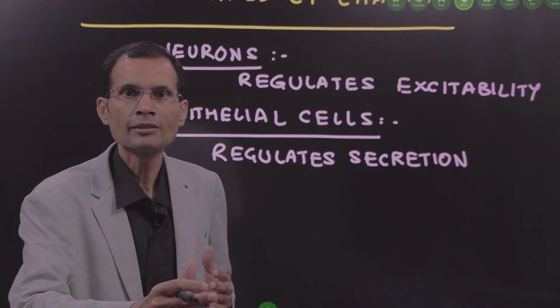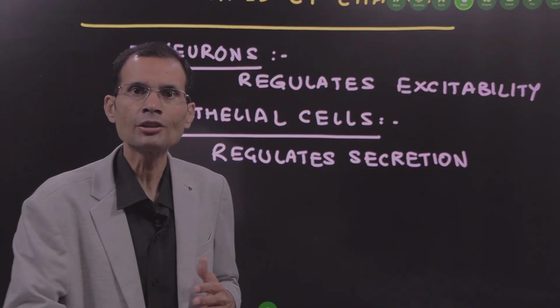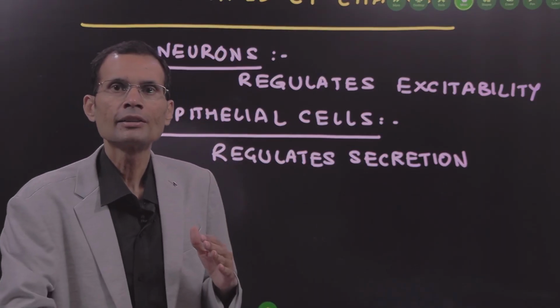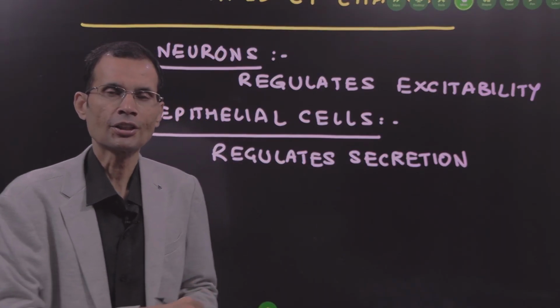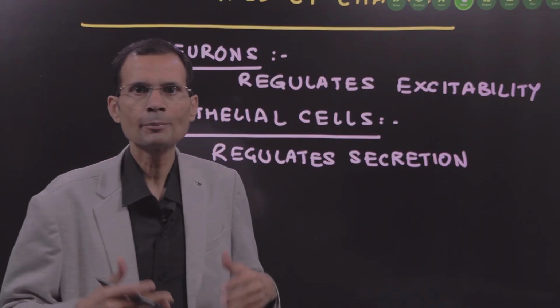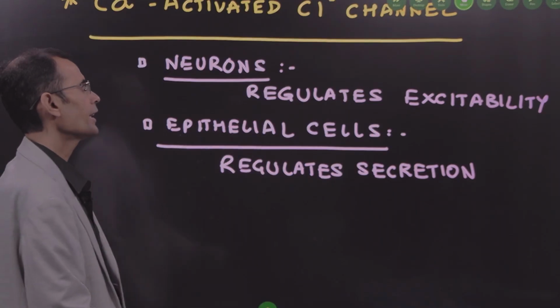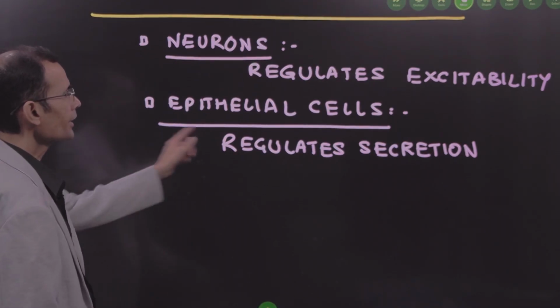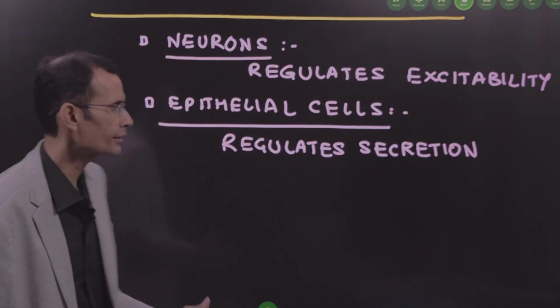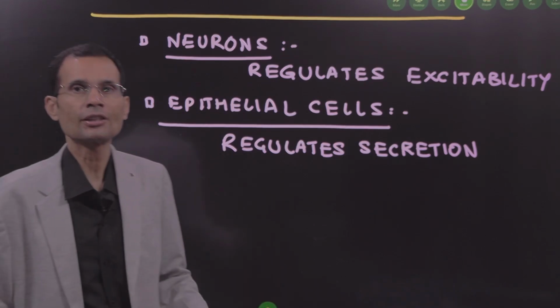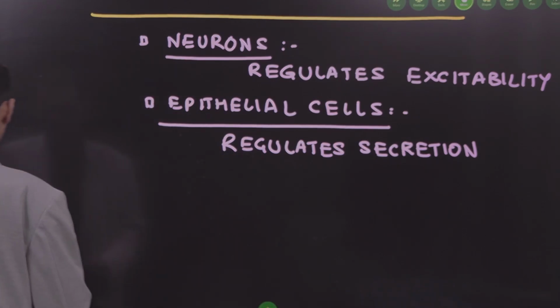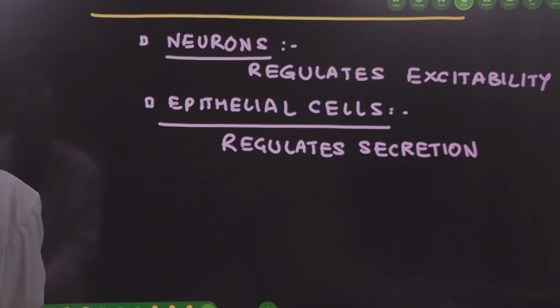Like potassium efflux results in hyperpolarization, in the case of chloride, there is chloride influx by concentration gradient, and again the result will be the same, hyperpolarization, and therefore it regulates the excitability of the neurons. This channel is also seen in the epithelial cells, where it regulates the secretion of those cells. So the calcium activated chloride channel was one option.